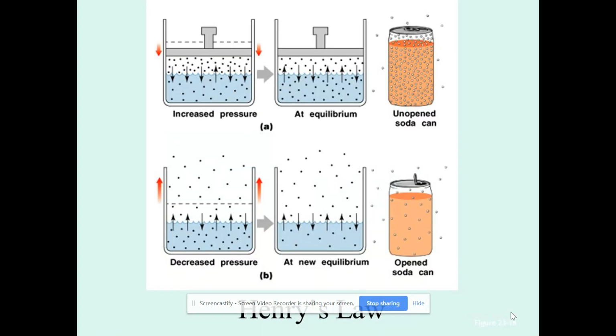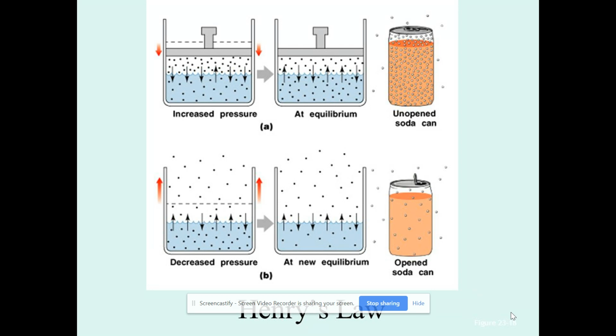A good example of this is what happens with a soda. A soda only has all of that gas dissolved in the liquid because it was bottled under high pressure. So they took the Coke syrup or the Pepsi syrup or whatever it was, that's the liquid. And over that, we put high pressure carbon dioxide.